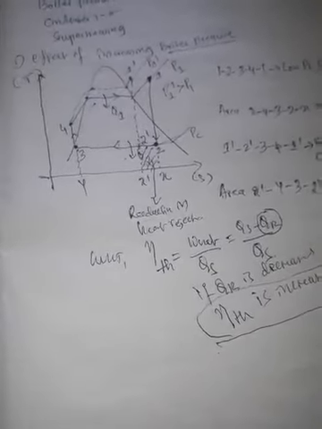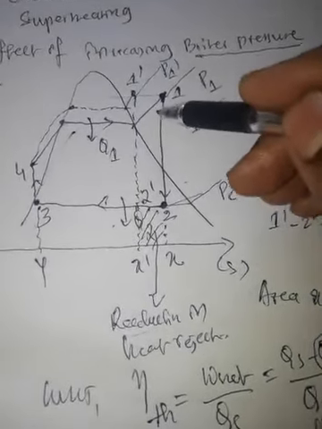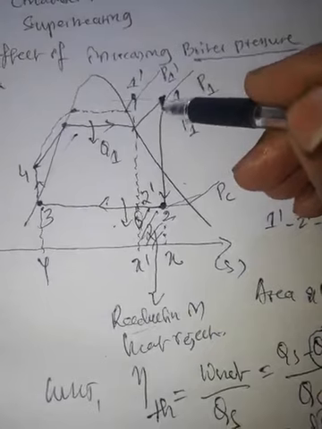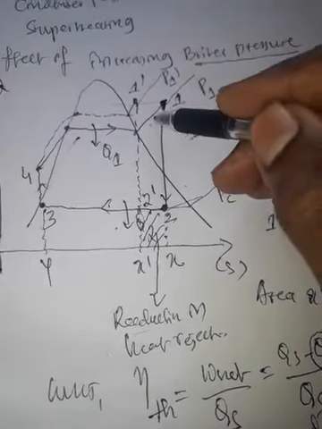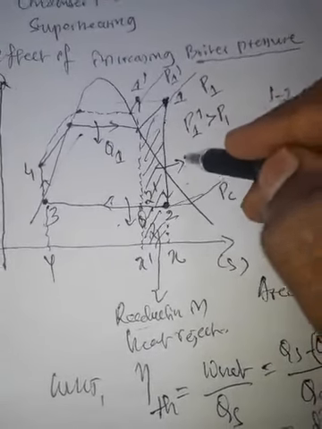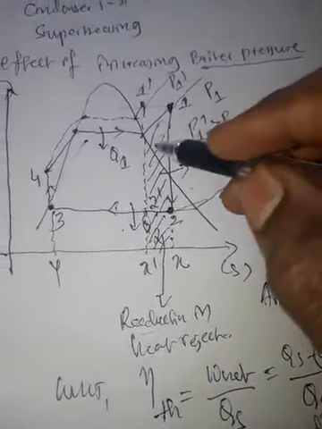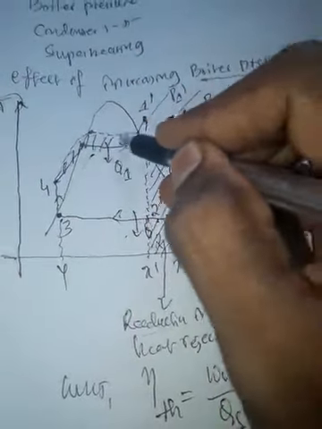Now, what about the net work developed? Here, from the first cycle, lower pressure cycle, to higher pressure cycle, this is the net work decreased, but the same area is increased here.